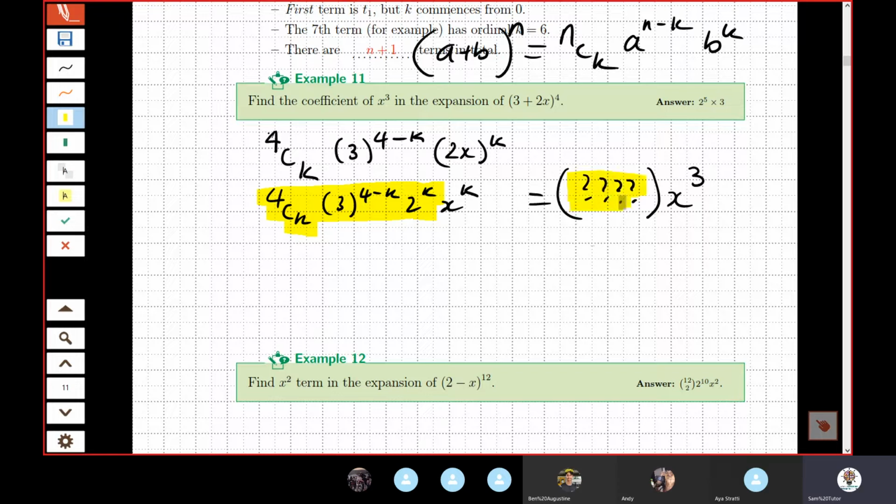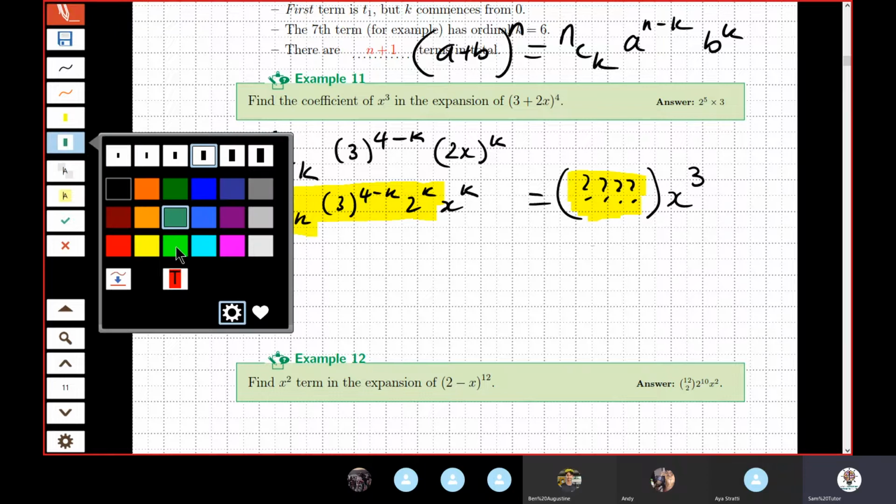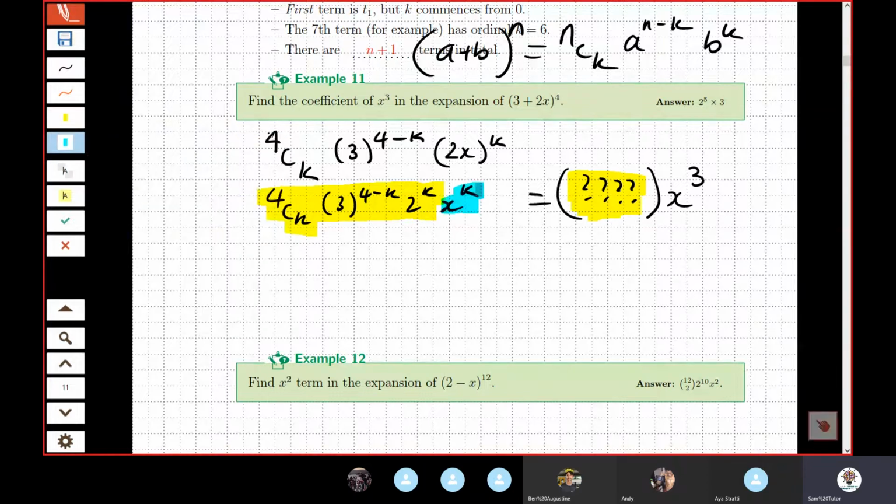That is the same as this question mark, the whole thing. Now, what must equal x cubed? Well, this bit must equal this bit. The x values must equal the x values.